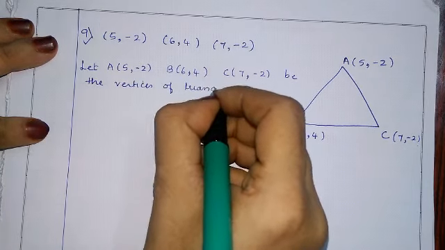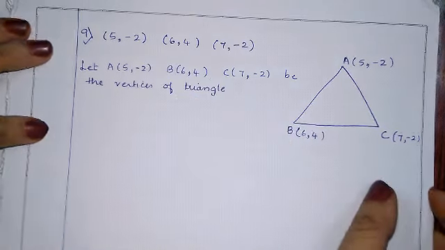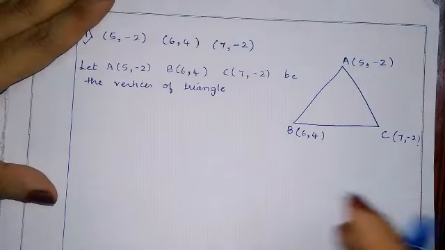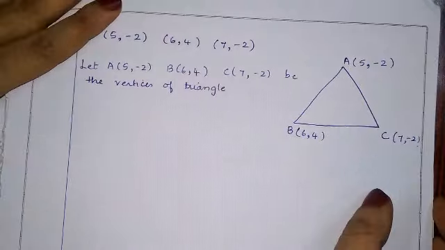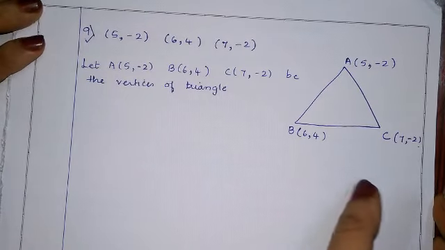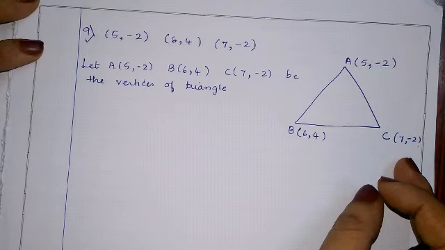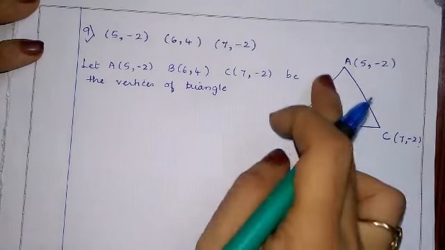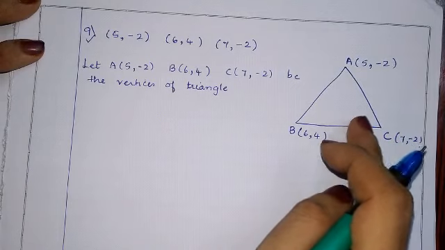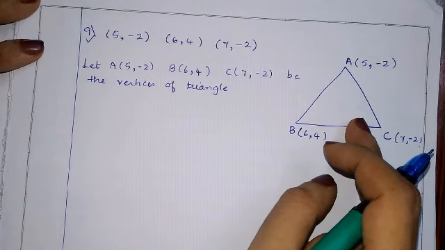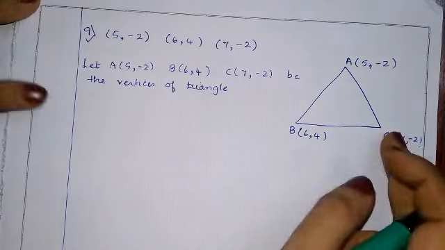Now we should check whether it is isosceles or not. In previous classes we have learned that triangles are said to be isosceles if two sides are equal. Any two sides equal, then we can say that the given triangle is isosceles.